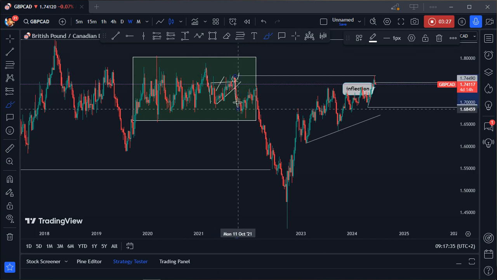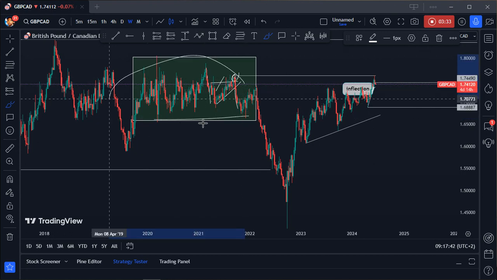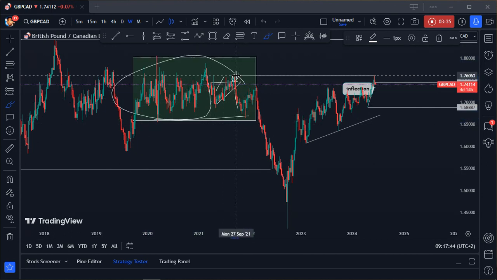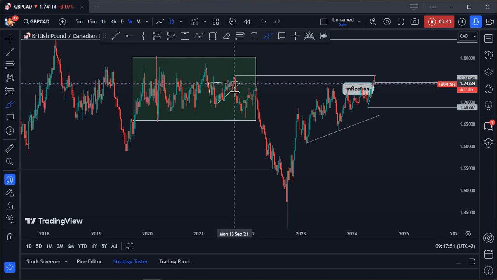It started making that move to break this whole consolidation, from around here. This would be our footprint. That is why I have highlighted that area around here.